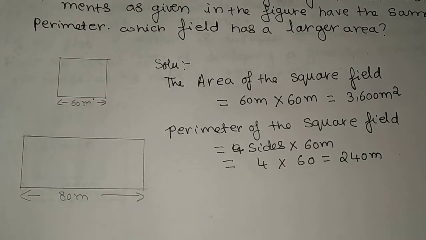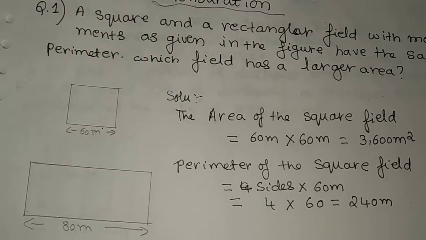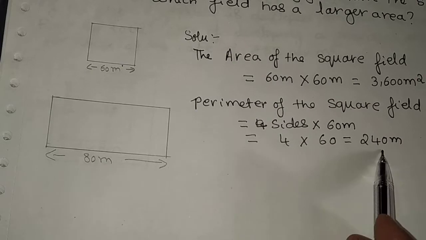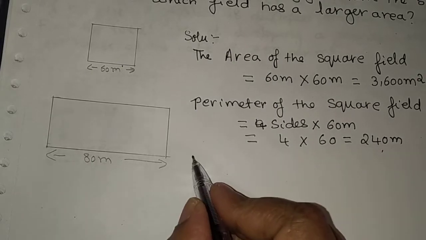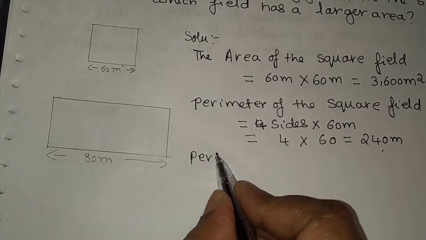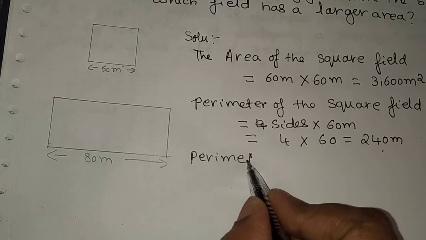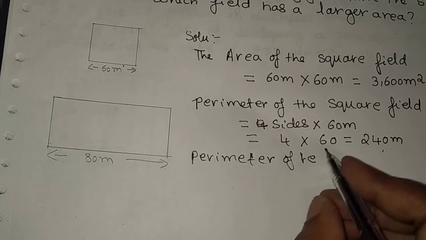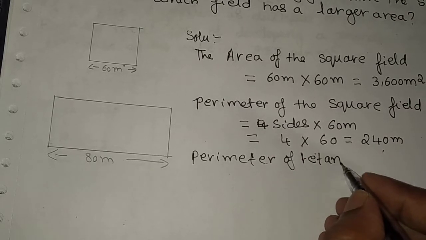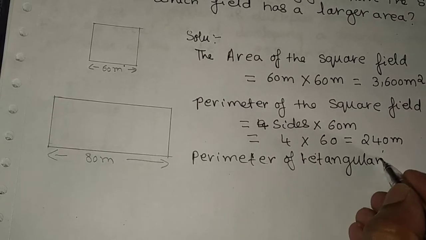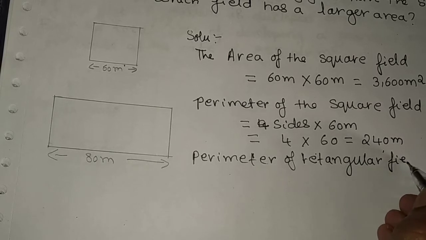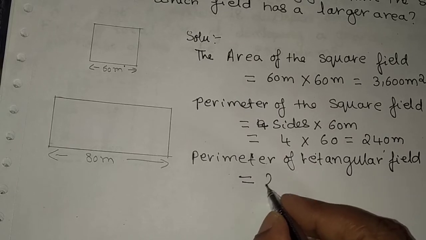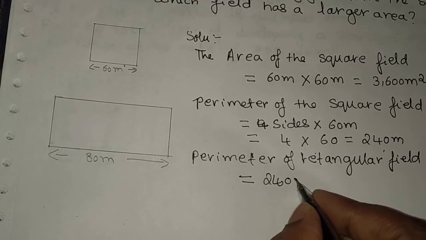In the question they have given that the perimeter is the same, therefore we will take this one as the perimeter of the rectangle, also the same perimeter of the rectangular field. So it will be equal to 240 m.